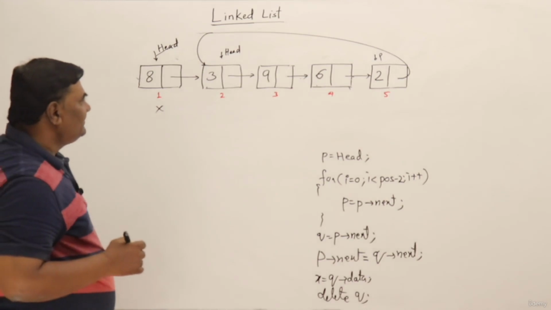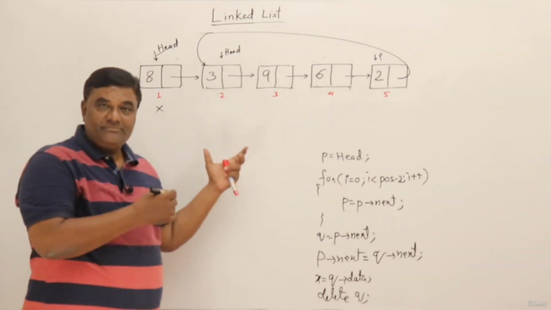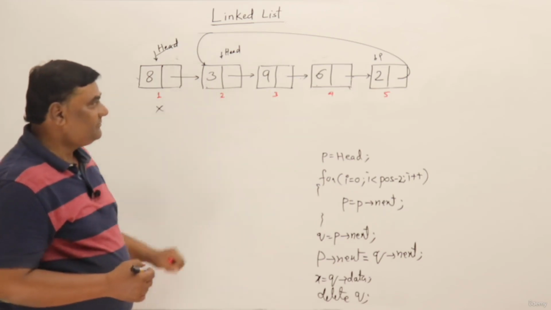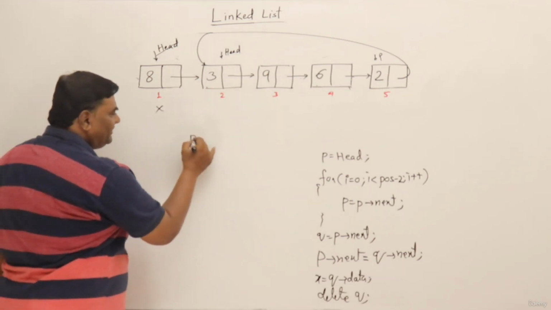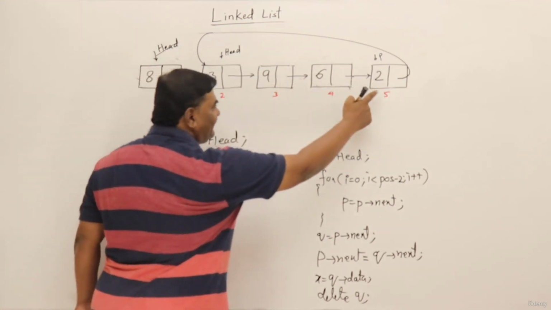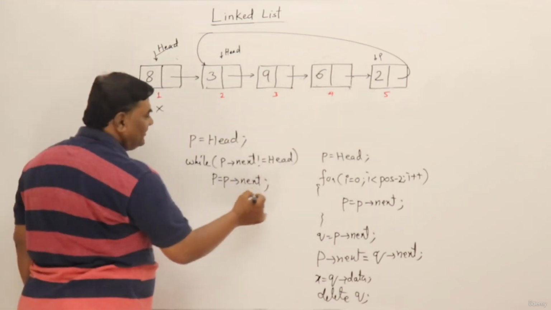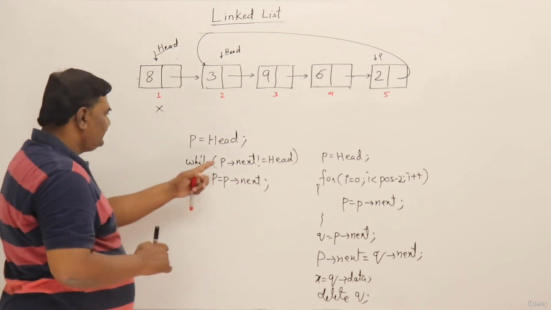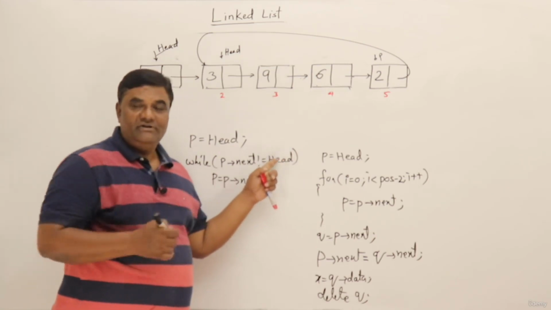These are the steps. So for this, let me quickly write on the procedure for this one. So I will write on the pieces of code that perform these operations. I need P upon head. P will move until it reaches last node. So P is moved until last node. You already know the condition is P's next is not equal to head.